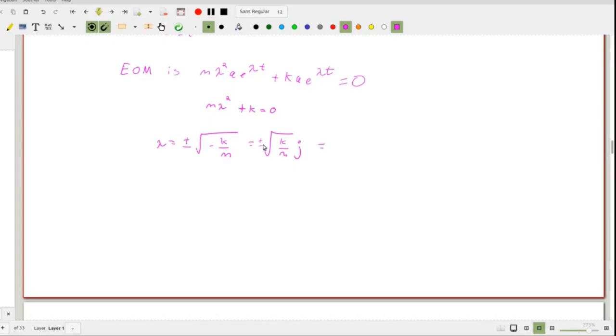Sorry. Omega n. Omega n j. And the reason I'm a stickler on that is we actually use omega without a subscript later in the class for a forcing function, right? So we have an omega n, an omega d, and an omega. We have 3 omegas in the class. So lambda is equal to plus or minus omega n j.